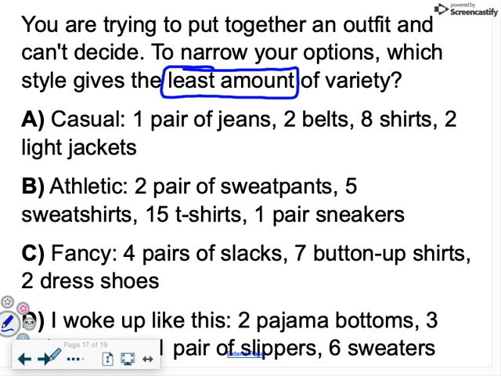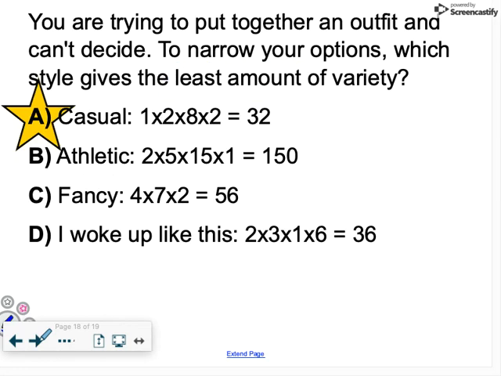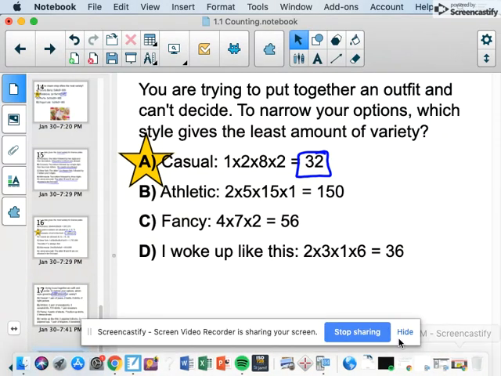We multiply these numbers together, and we want to find the one with the least amount. Again, if you want to pause it, you can. We would find that it's casual, as there are only 32 options for our outfits. So that is the end for today's lesson 1-1, talking about the multiplication counting principle.